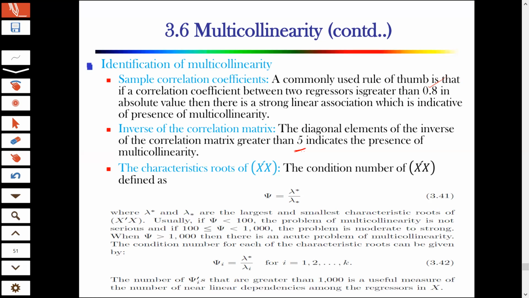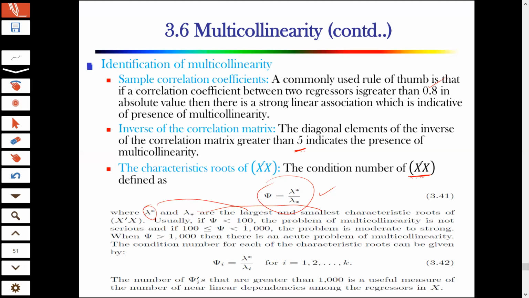And the other thing is the characteristic roots, that is, the condition number. So here is the formula: psi is lambda star max divided by lambda min, where this one is the highest and this one is the smallest characteristic root of X transpose X. So we need to calculate the X transpose X matrix first and then calculate the characteristic roots, and we divide the highest one by the lowest one.